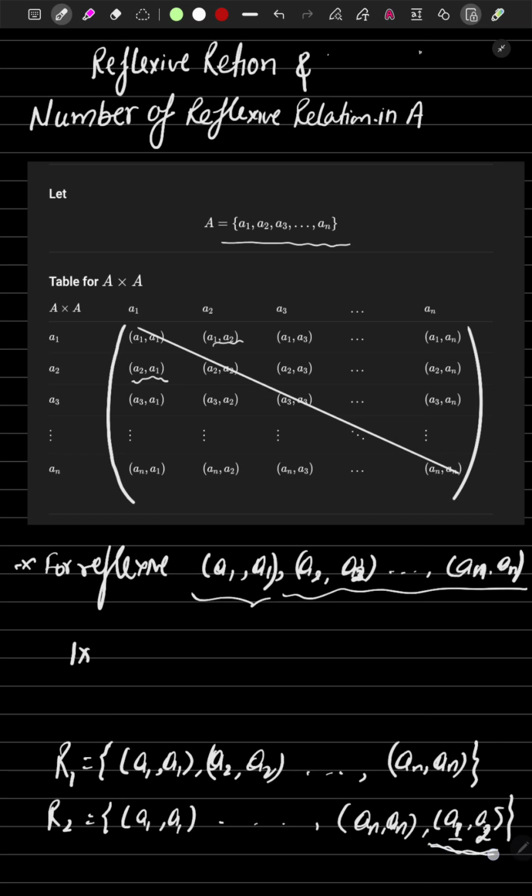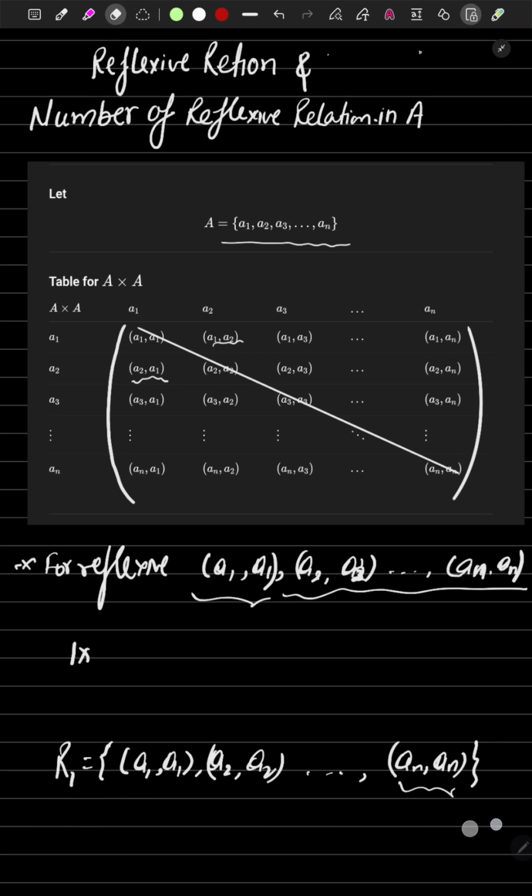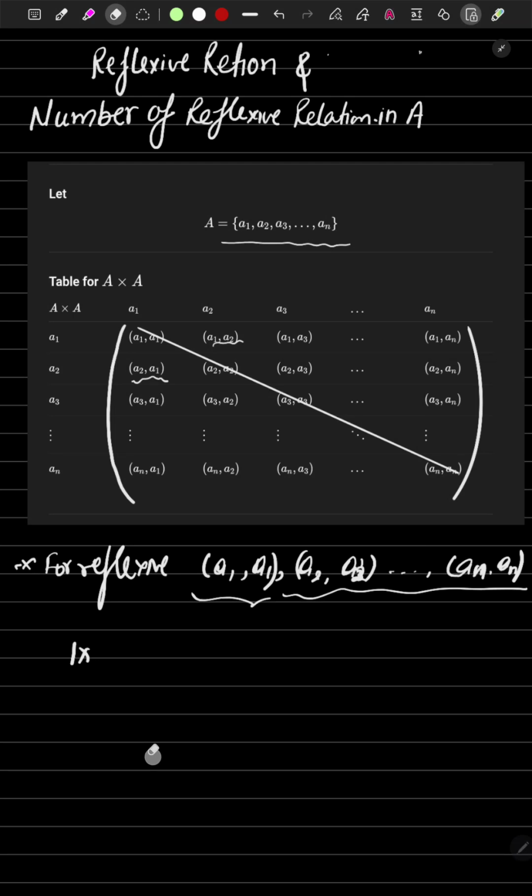How? Because (A1, A2) will either be in the relation or not. So using the multiplication rule, similarly for (A1, A3) there are two ways, and similarly up to (A1, An) there are two ways, so 2 times 2 and so on.